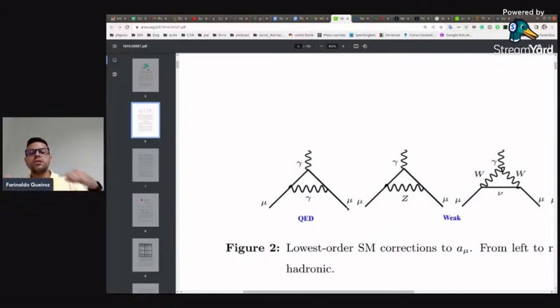These quantum corrections to the muon magnetic moment give rise to an anomalous magnetic moment, because the number is not 2, it's different from 2. If there is a discrepancy between theory and experiment, I call this an anomaly. So anomalous magnetic moment is one thing: being different from 2 because of quantum effects.